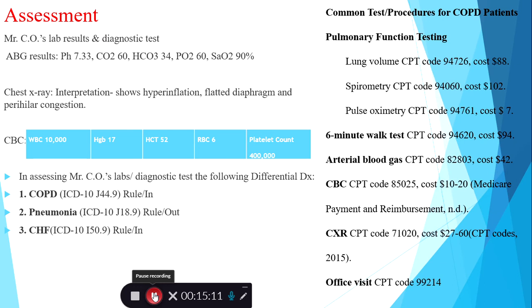In evaluating Mr. CO's laboratory and diagnostic results, it is noted that Mr. CO has respiratory acidosis with mild hypoxemia. On his chest x-ray, it shows hyperinflation and flattened diaphragm with perihilar congestion.